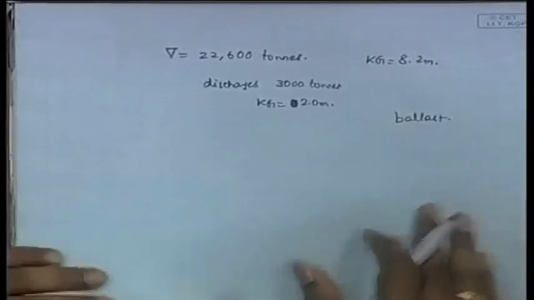This is just to find the net KG. You are told that the KG of the ship is something, then you are told that some ballast, that is water, is removed at a KG of 2 meter. That water itself is a weight with its center of gravity at that value, and therefore using the two KGs you can find the final net KG.